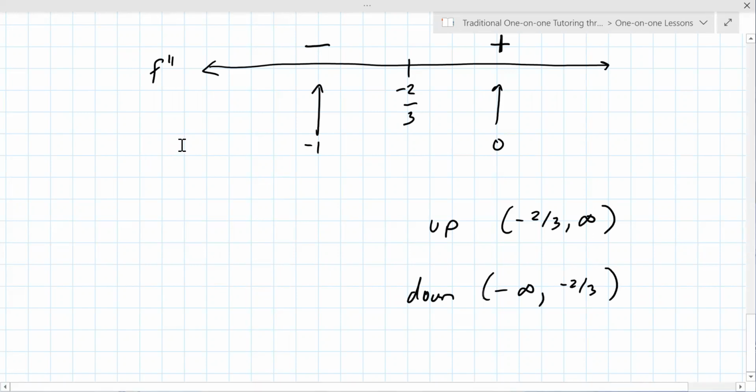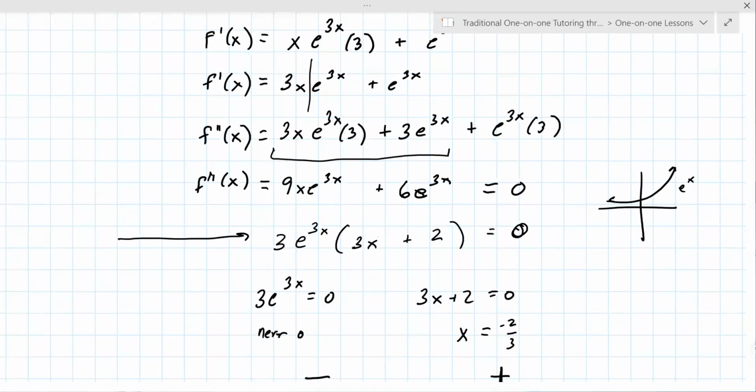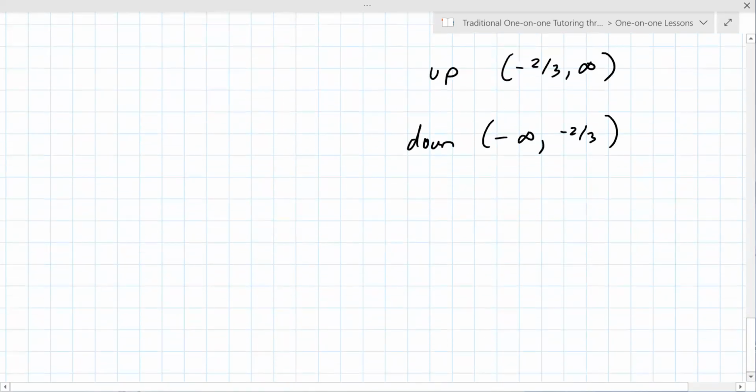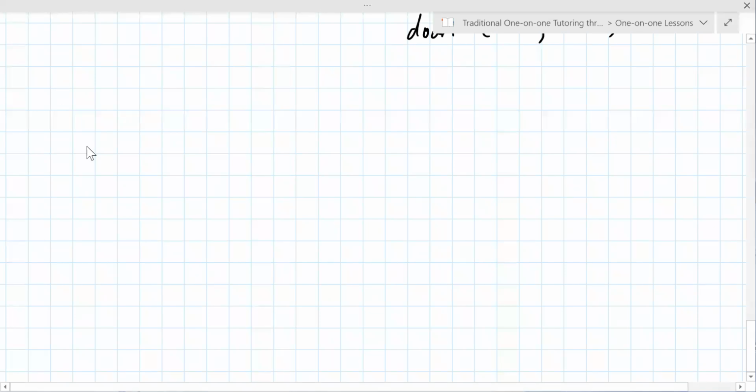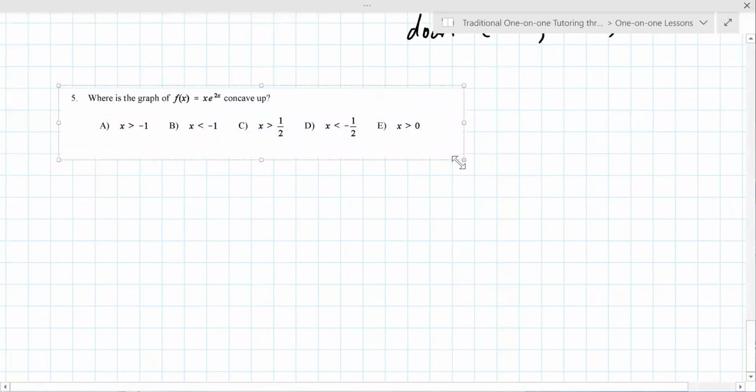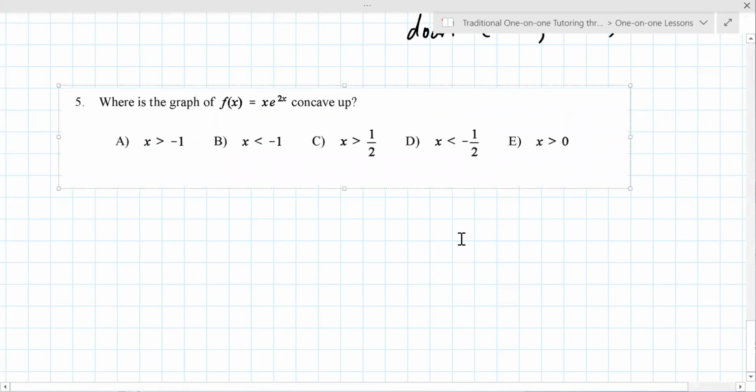It's a lot of work for one problem. It is, and it's all based on your speed to find your first and second derivatives. If you knew you were going to get this question, there are ways to pattern the answer.